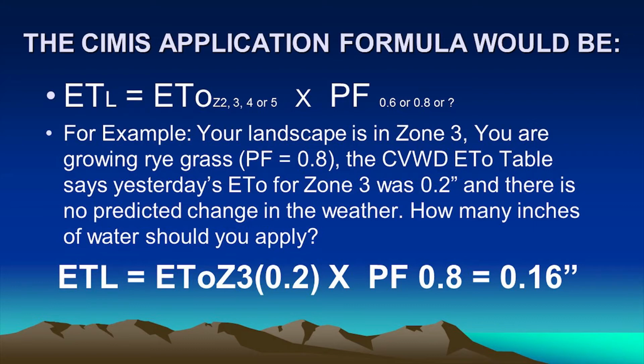The CVWD ETO table said yesterday's ETO for zone 3 was 0.2 inches. So 0.2 inches is what the atmosphere wanted. However, the ryegrass is not going to give it all up. So we take the 0.2 and multiply it by 0.8, and your actual ETL, the ET of the landscape, is 0.16 inches. Okay?